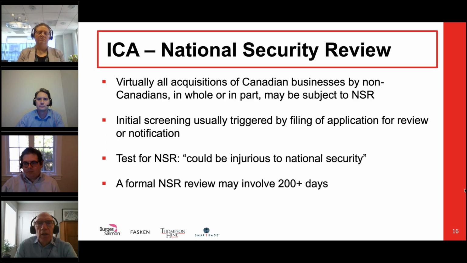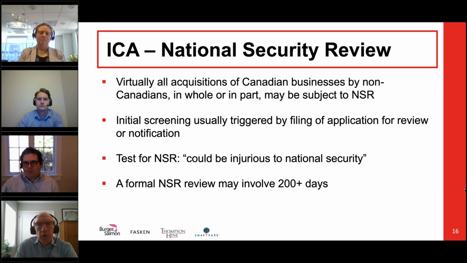And most transactions where there is an acquisition of control of a Canadian business will be merely notifiable, as I mentioned earlier. And it's that notice that will typically trigger that initial screen for national security concerns.